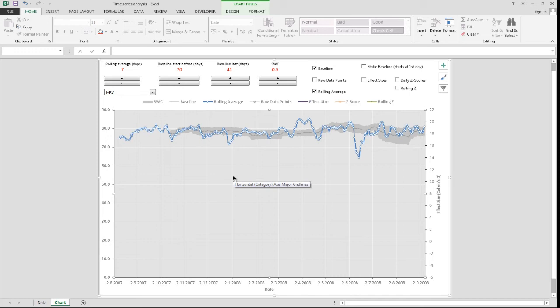So you get a certain load per day, and this might be anything from data estimated by a power meter, might be a TRIMP score if you're using heart rate, or might be session RPE or RPE load if you're using subjective indicators.